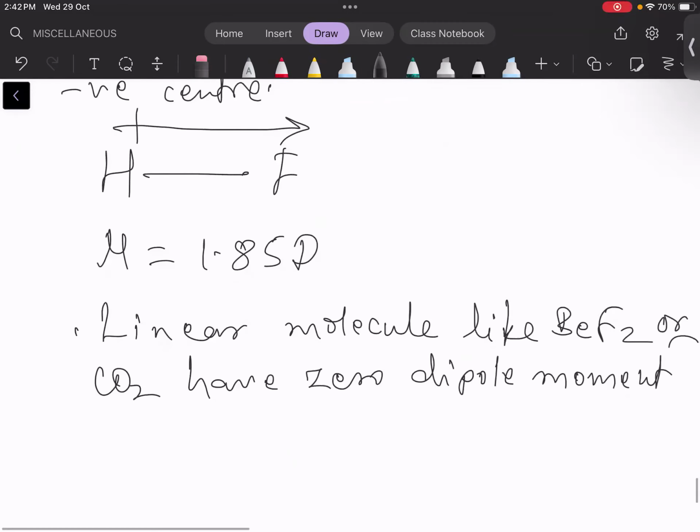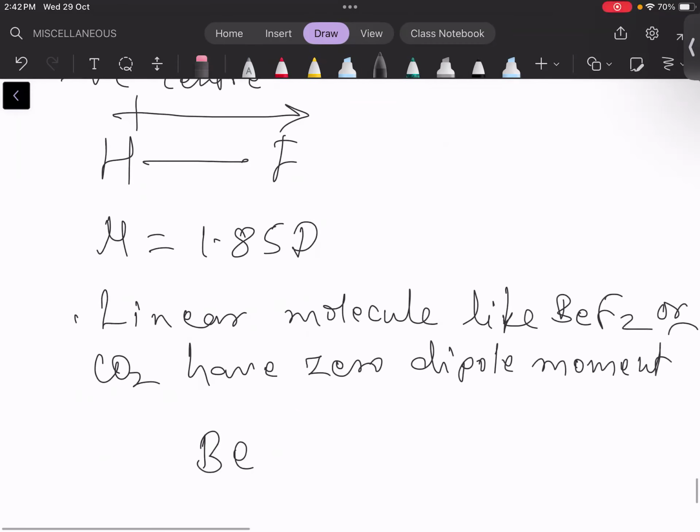Okay, so beryllium is at the center, fluorine on the sides. Now, fluorine is more electronegative, so the vector is pointed towards fluorine. As a result, whatever dipole moment is created in one beryllium fluoride bond is cancelled by the other.